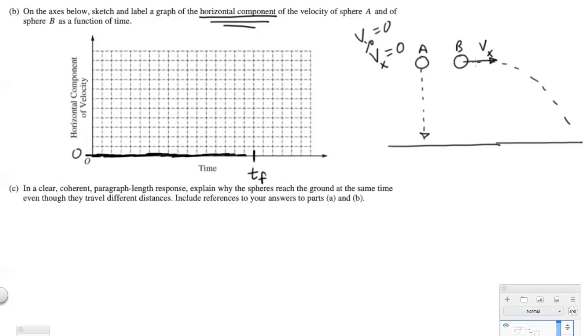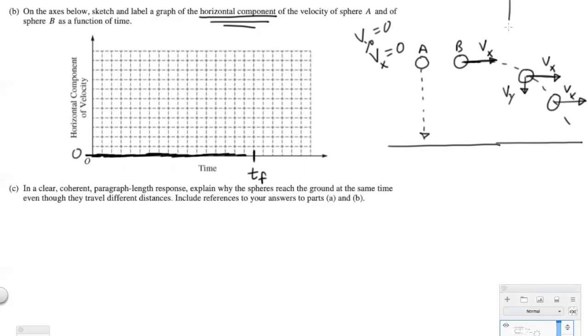Now, sphere B starts with a horizontal velocity. And assuming no air resistance, which we can assume here because it wasn't mentioned, we know that horizontal velocity remains constant. So the horizontal velocity that sphere B started with is going to remain the same through the whole journey. And of course, sphere B will be gaining vertical velocity, right?